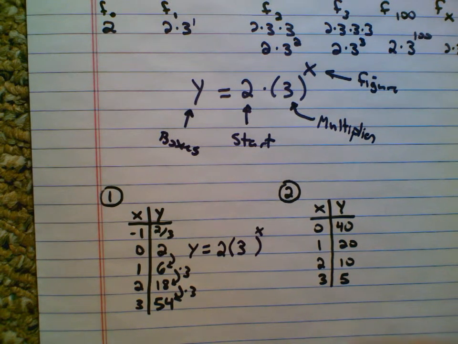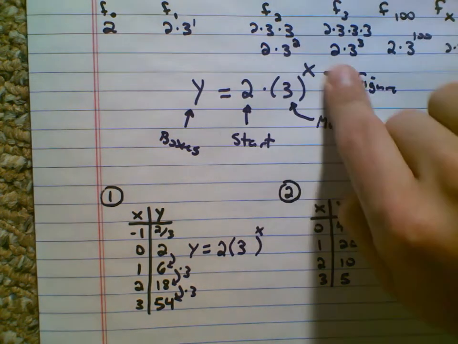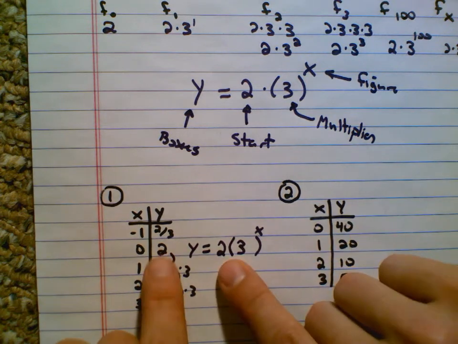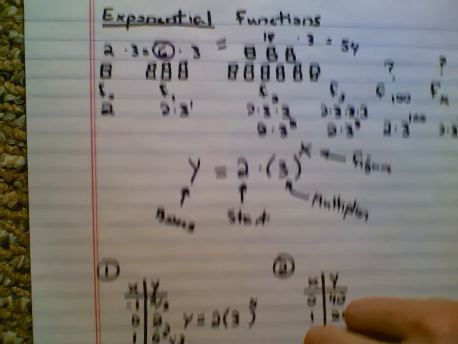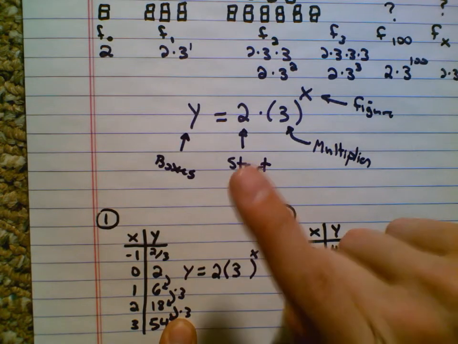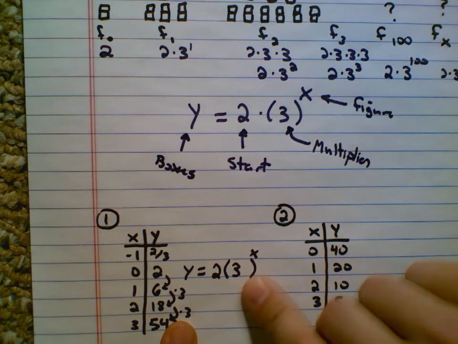Notice that I get the same equation that I had from the pattern as I did from this table. My starting was 2, just like the number of boxes was 2. My multiplier was 3, just like up there. So my equation is the same.